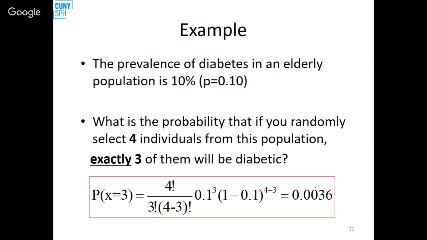If I saw this, I would think either we got pretty lucky or unlucky to find 3 out of 4 people with diabetes, or that the assumptions of this calculation are incorrect, either because those observations weren't independent of each other, or because maybe you've selected people for which the probability is not actually 10%.